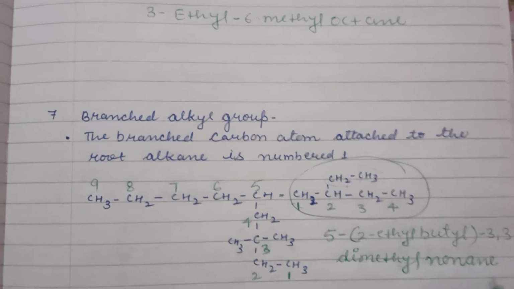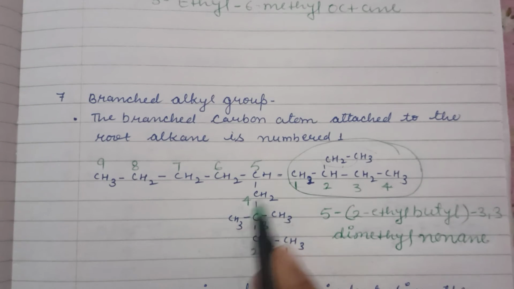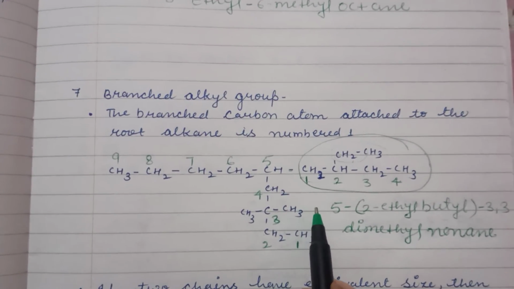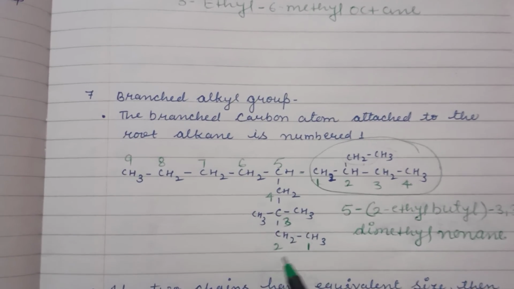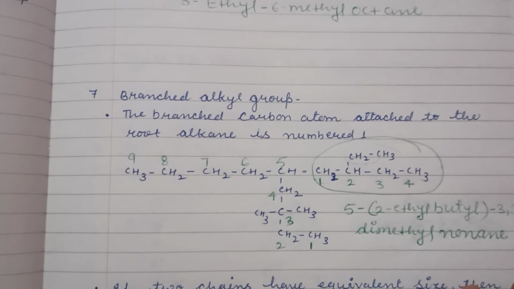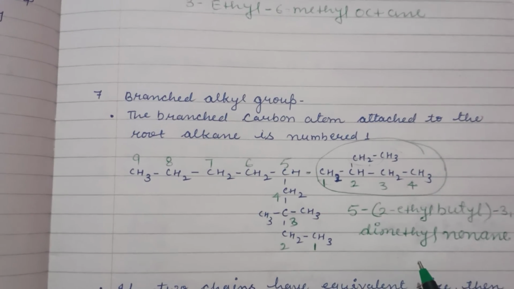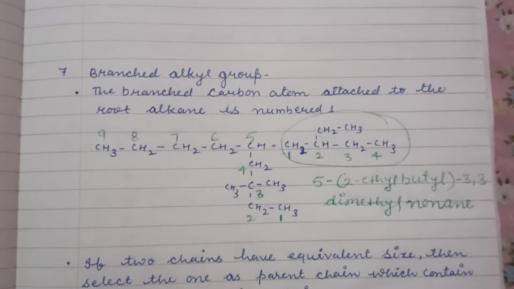So you will write in this way. Okay, for complex compound, I will make a small video for you, because sometimes they are named in different ways. After knowing iso, neo and normal, butane, propane.